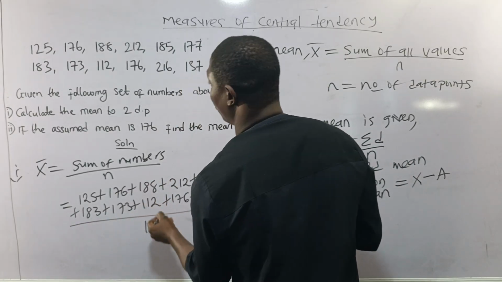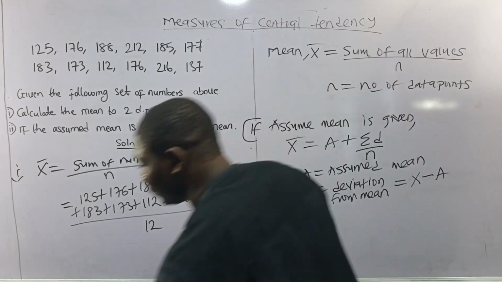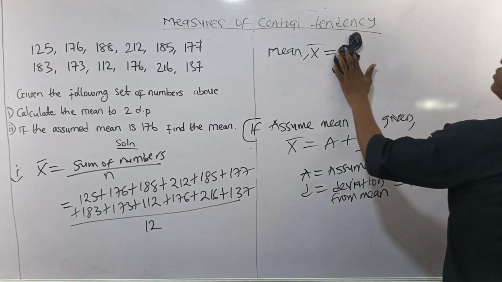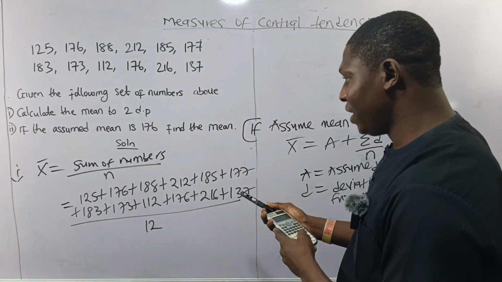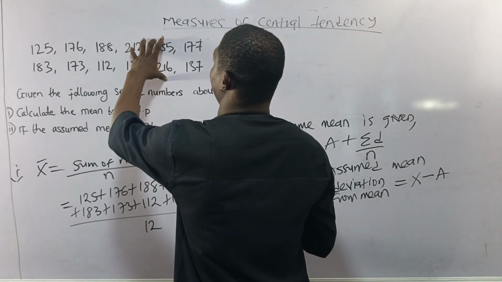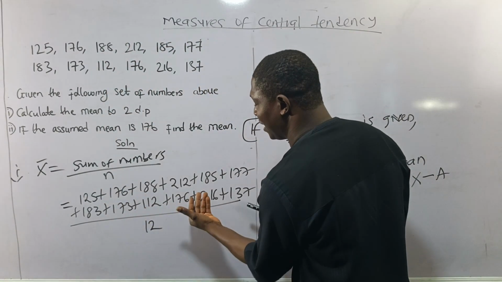Our n happens to be 12 observations, which is 12. So all we need to do is to add up and divide by 12. In the exam, please do your summation directly from the question paper instead of copying here, because you might make a mistake.